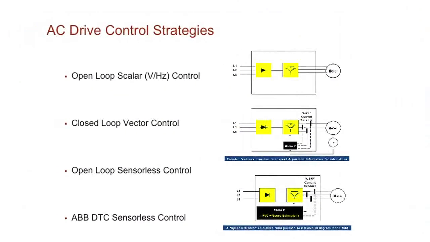So if you have a motor with a rated torque value and you need to have 100% torque all the way down to zero for your application, you can do that. Things like paper lines come to mind, where you really have to have excellent control of the torque or you're going to break the web.